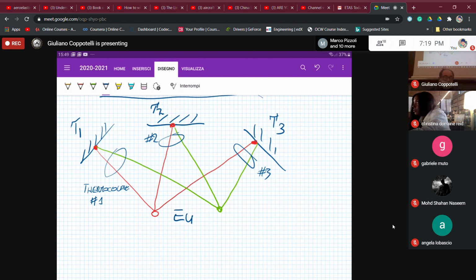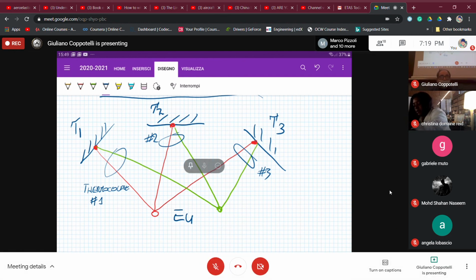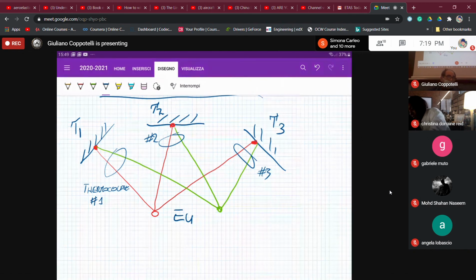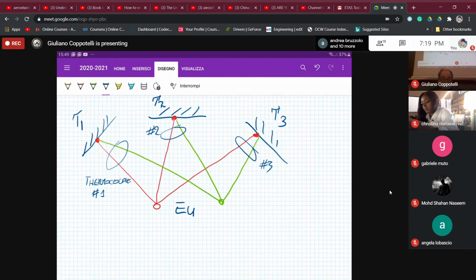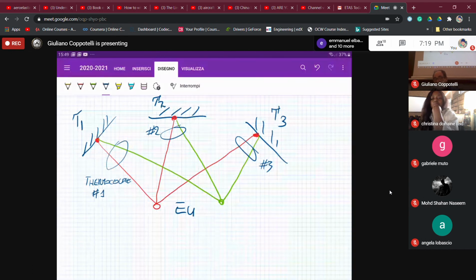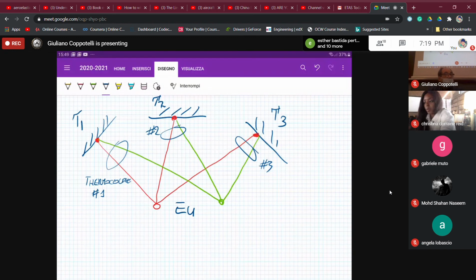So every thermocouple gives you the output that is relative to the wall, to the unknown temperature. So the overall output tension is the average of everything. That is, the parallel thermocouple configuration tells you the average of the temperatures in which they are located.